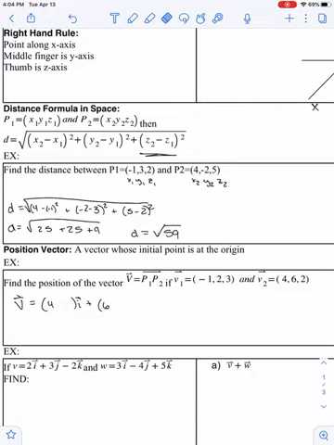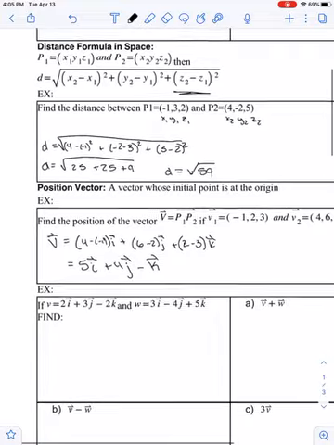These are supposed to be minuses. So 4 minus -1, and then 6 minus 2j, and then 2 minus 3k. So 4 minus -1 is 5, so 5i. 6 minus 2 is 4, so plus 4j. And then 2 minus 3 is -1, so minus k.